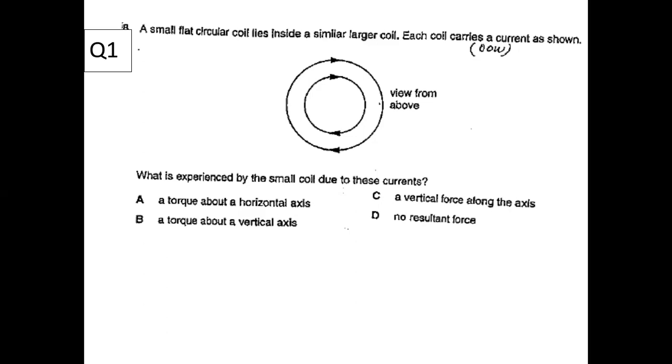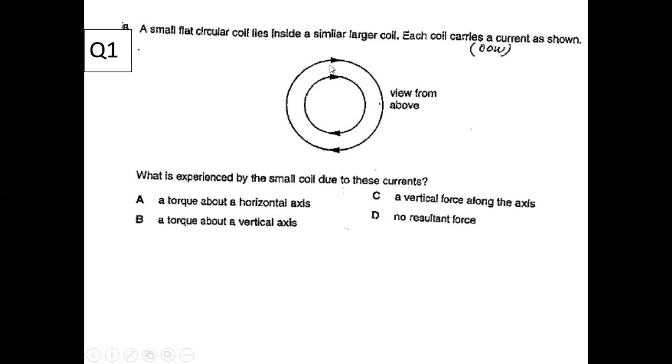When currents are in the same direction, there is a force of attraction between the two wires. That is why you call it like current. If you look at a vertical line, this is the attractive force, which means the force is going up. Between these two, there's also an attractive force, so it's going down.